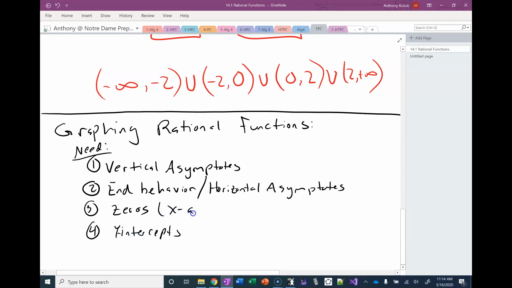Just FYI, zeros and x-intercepts are really the same thing. You could use those terms almost interchangeably. The only difference is zeros includes imaginary things and x-intercepts wouldn't include the imaginaries, but close enough.